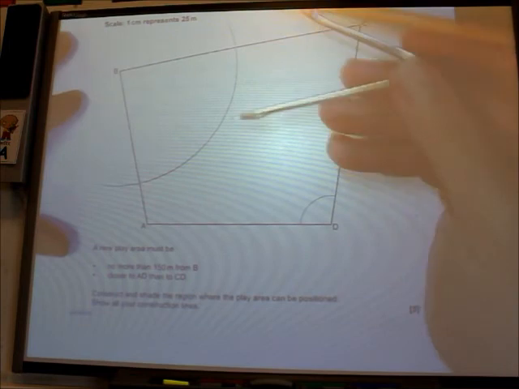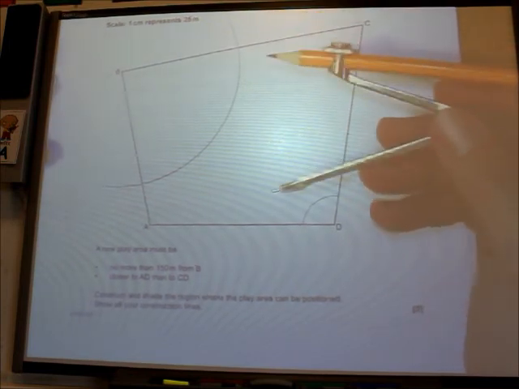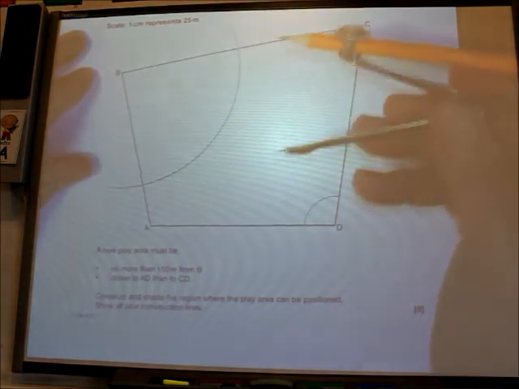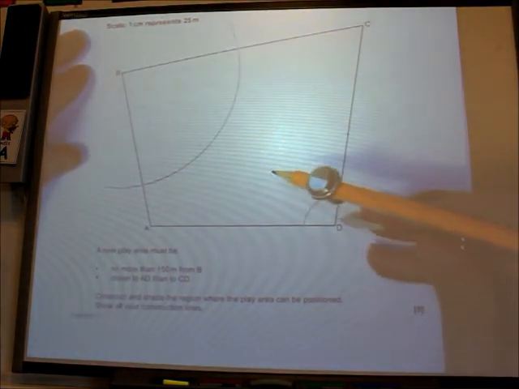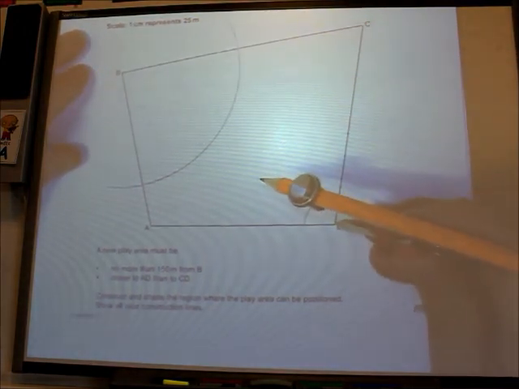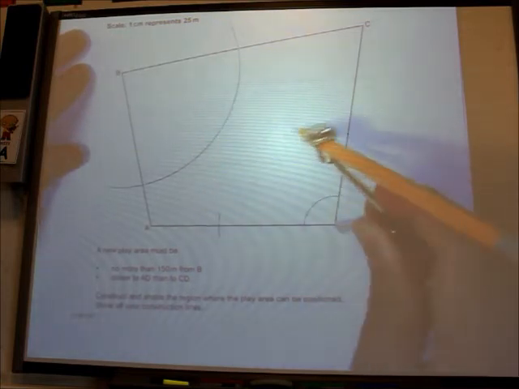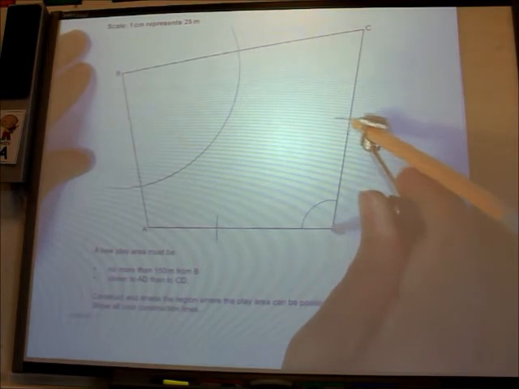So all you do, it doesn't really matter how long this is. I'll do it a little bit smaller. Keep it something like that, and the width of this doesn't matter now, because you're going to do one little arc there to cross that line, and you're going to do another one at the top. There you go.